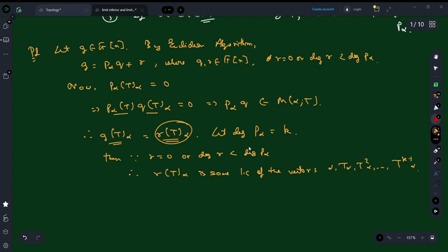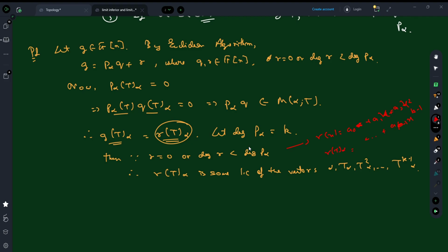Now why is it happening? Since the degree of R is less than the degree of P alpha, R(X) is a linear combination of this form, right? It's A naught plus A1 X plus A2 X squared, and so on, plus A K minus 1 X to the power K minus 1, because the degree must be less than K. So then what is R(T) of alpha?